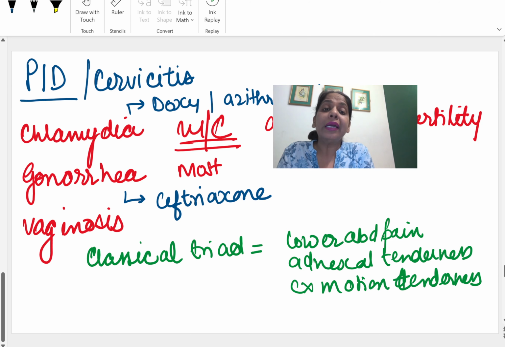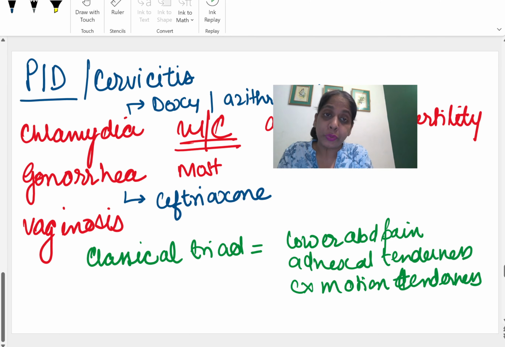In ectopic pregnancy, it is due to the ruptured ectopic pregnancy. There is a rupture and a lot of peritoneal hemorrhage, so that blood irritates, and when we move the cervix, the irritation increases.